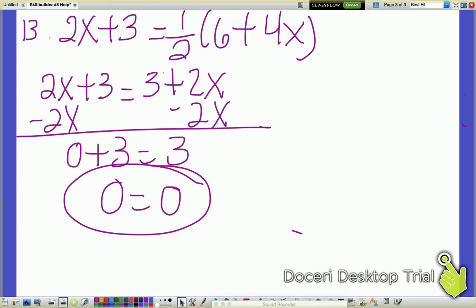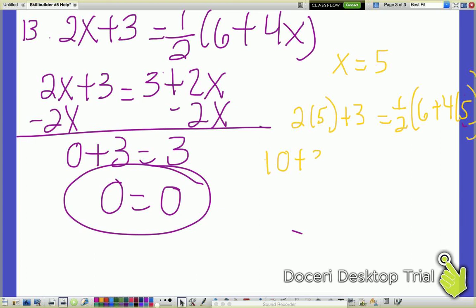Well, let's take a look, sorry, I just blanked out. Let's put a value in for x. I'm making this up. I'm going to put 5. I'm going to say x equals 5, and I'm going to plug that in. So I have 10 plus 3 equals a half of 26.